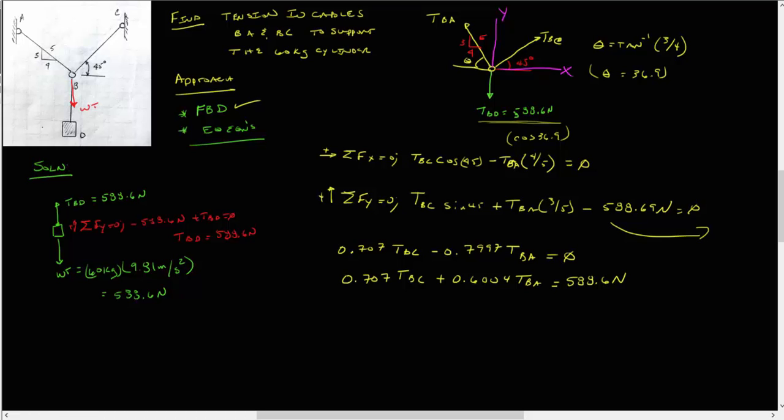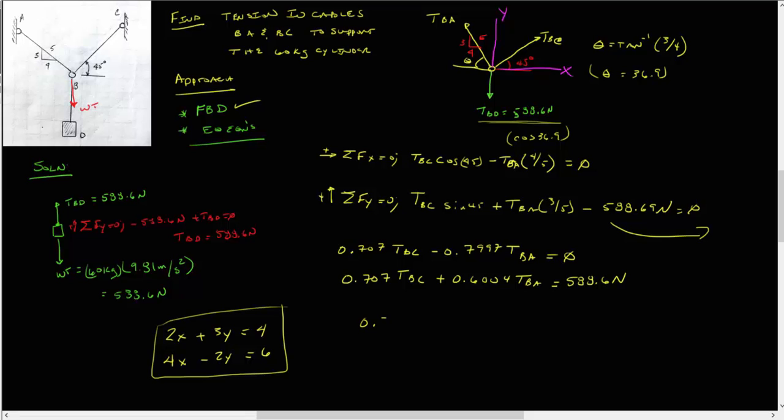Now you could use elimination, you could use substitution to solve for TBC and TBA. Remember back in high school algebra, you guys did something that looked like this. And you could use the process of elimination and the process of substitution. You could also use a matrix.